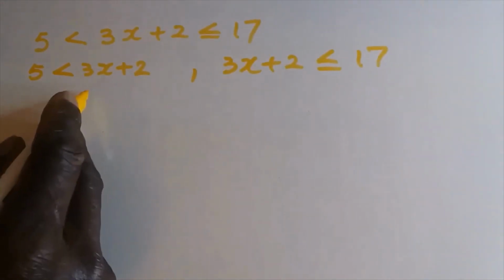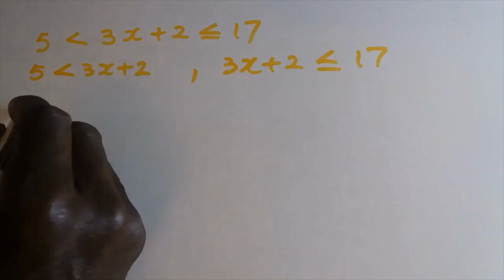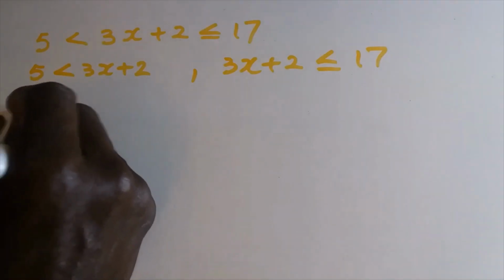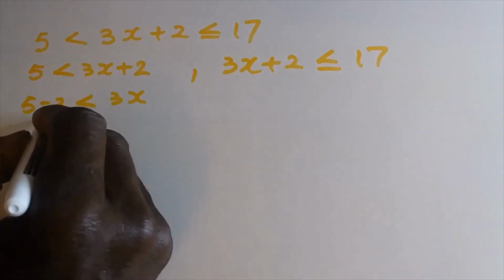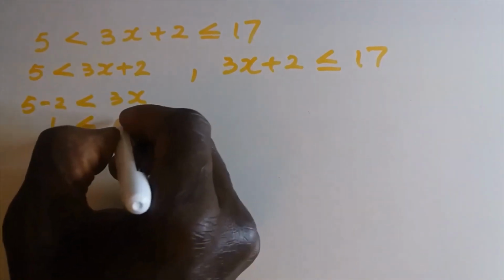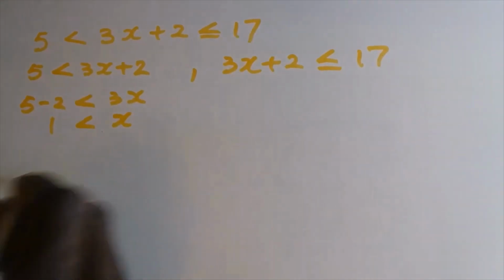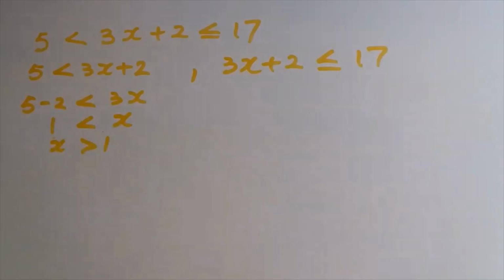So we'll do this one first and then this, then we'll write our final inequality and then draw it on the number line. So here we have 5 take away 2 is less than 3x. So we have 1 is less than x, which means x is greater than 1.